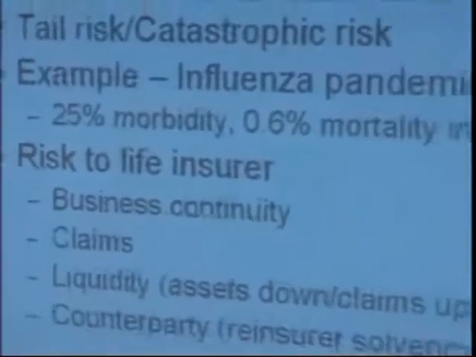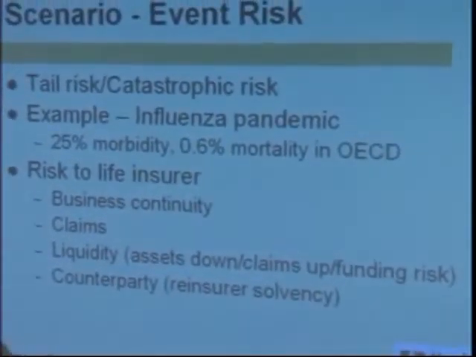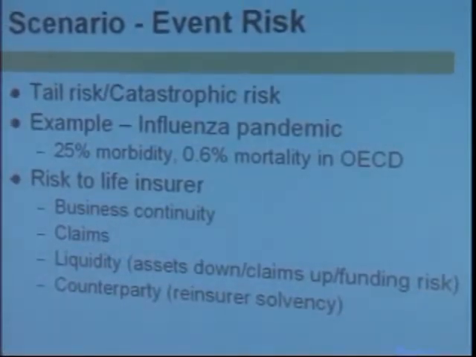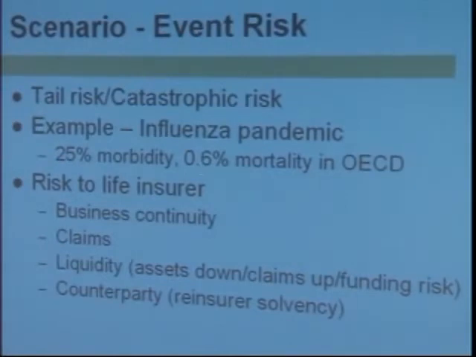This is an example of an event risk scenario, and it comes back to the pandemic work that I've done. As you're reading stuff in the newspaper and you hear different companies say, oh, it's not going to be a big deal, watch this number here, the mortality in the sophisticated countries.